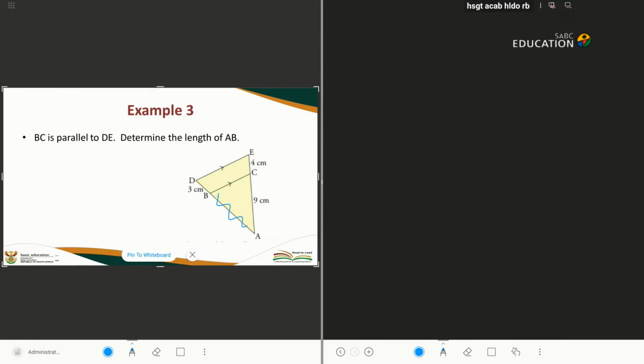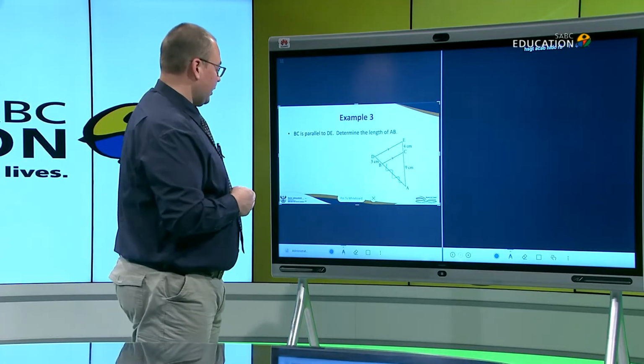All right, so now I see that I need the top section. I've got the small section. On the other side of the triangle, I've got both lengths of those two sections. So therefore you know that I can do proportionality. I don't have to do similarity.